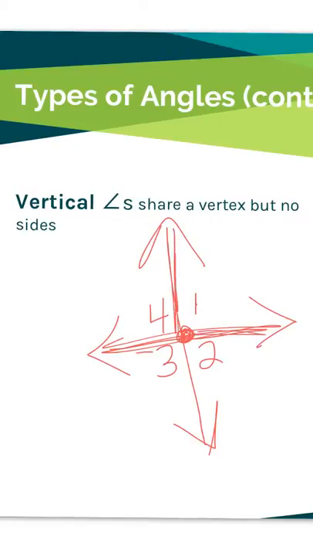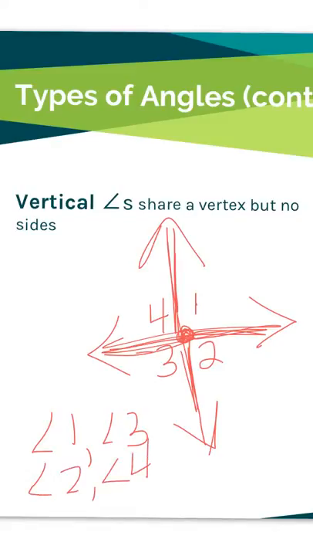They would almost make V's next to each other. So angles 1 and 3 would be vertical angles. They're V's that only connect at the dot or the vertex. And angles 2 and 4 would be vertical angles. They are across from each other.